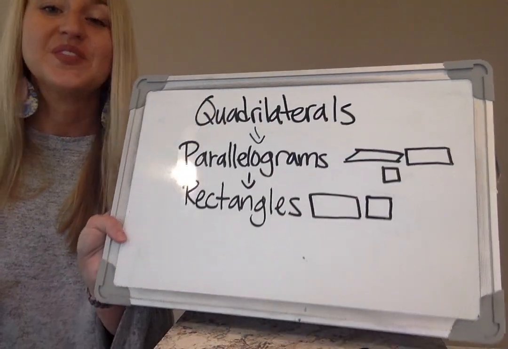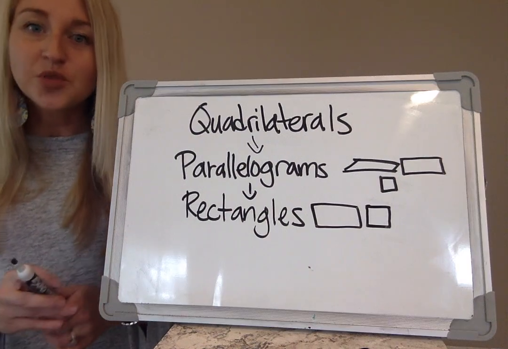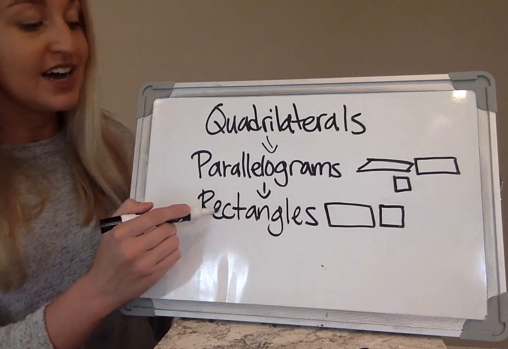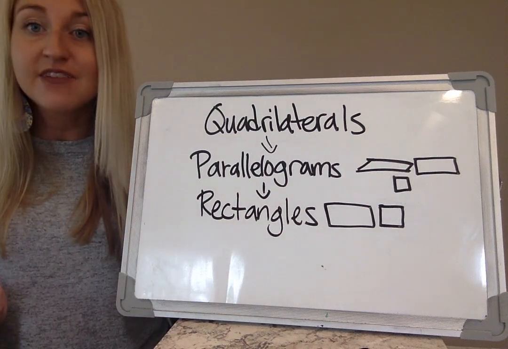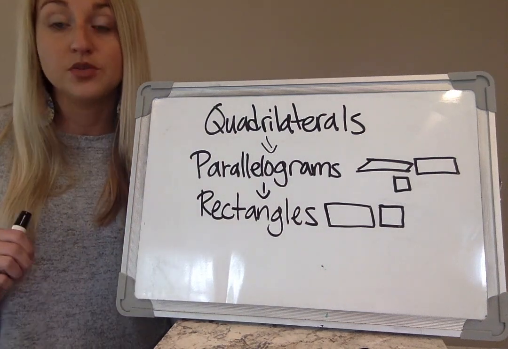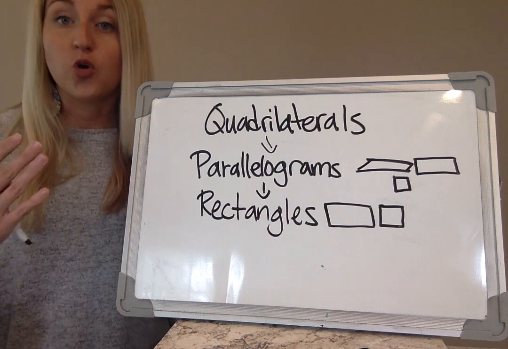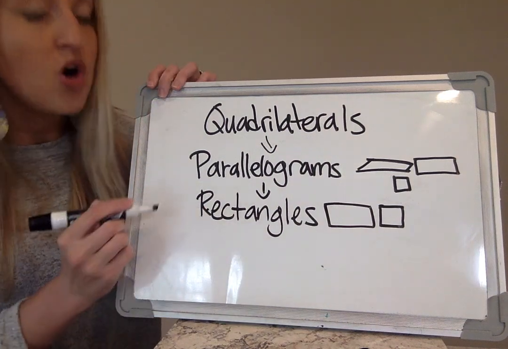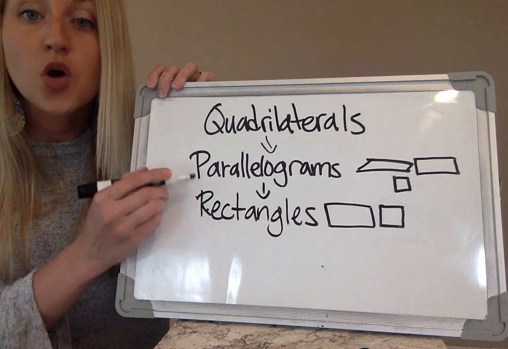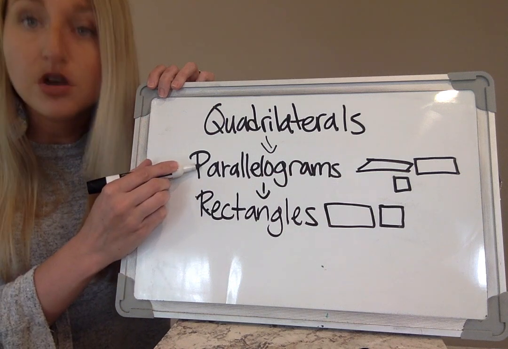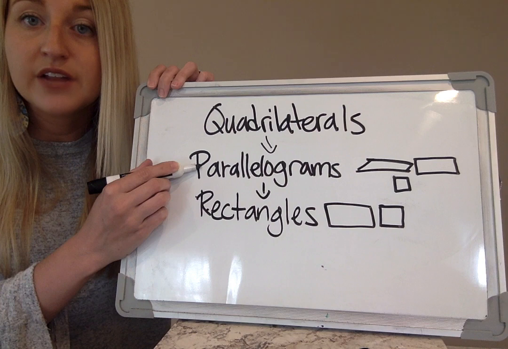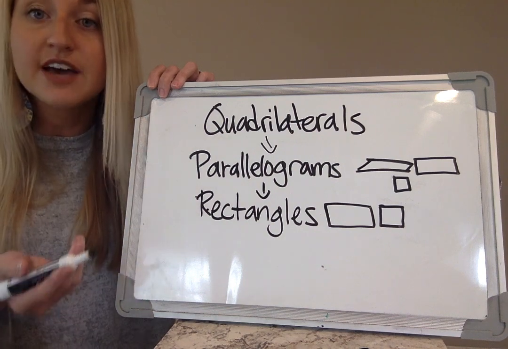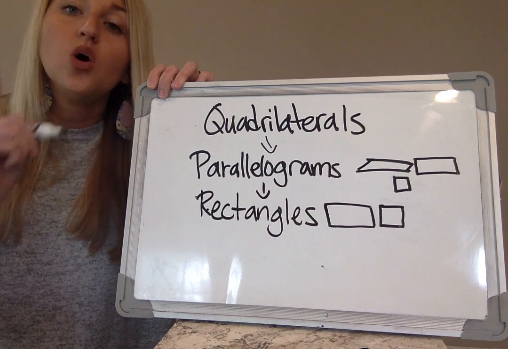Okay, that's better. The certain attribute that we added, in addition to having two parallel sides, a rectangle also has to have what? 4 right angles. So, before we add another subcategory, remember, all rectangles are also parallelograms. They also always have to have 2 parallel sides, and they're also always quadrilaterals. They always have 4 right angles.